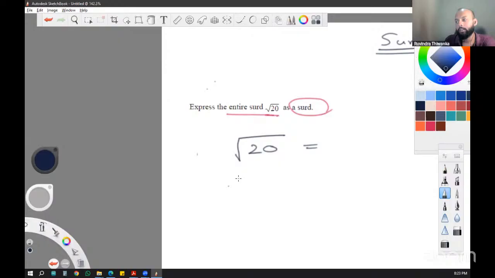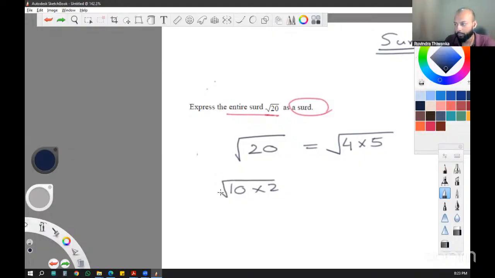So this is 2, 4, 5, 10, 20. Those are the factors. Now look at what numbers can multiply each other and make 20. 4 and 5, right? If you just take 10 and 2, this won't make a surd.